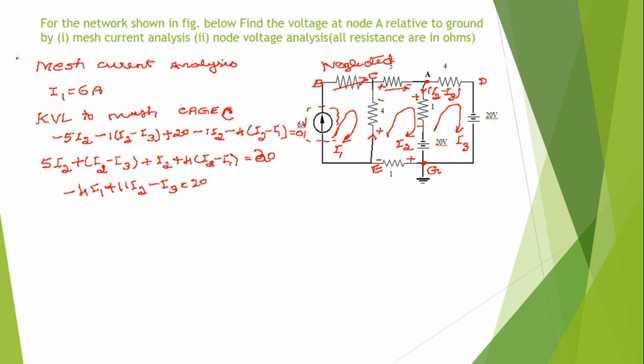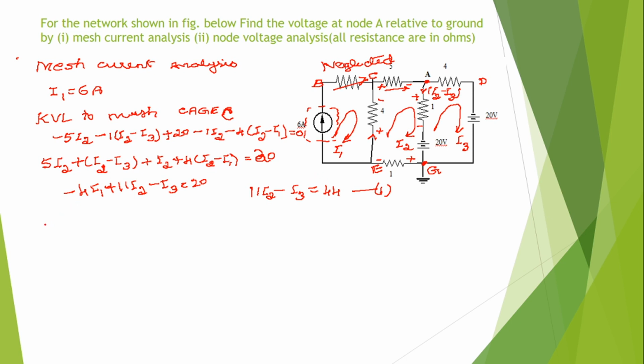So here I1 value we already calculated. I1 is equal to 6 amps. So if I substitute I1 equal to 6 amps, minus 4 into 6 is 24, taking it to the other side, I can write this as 11I2 minus I3 equal to 44. So this I will take as equation 1.